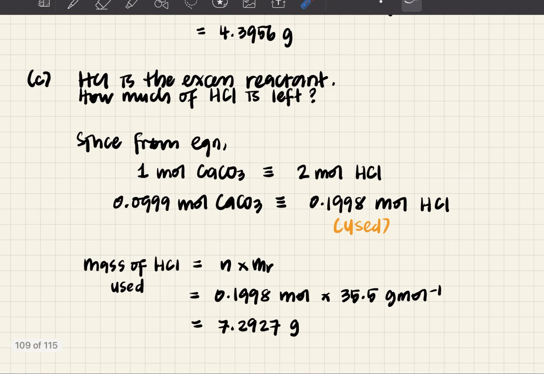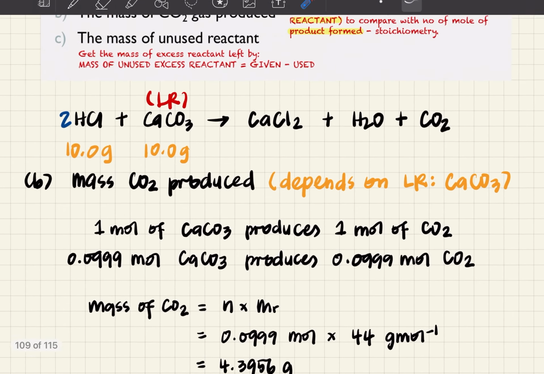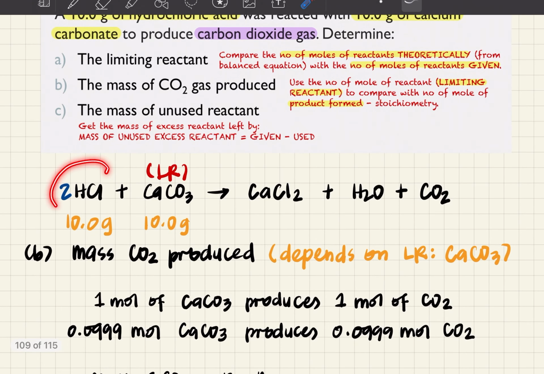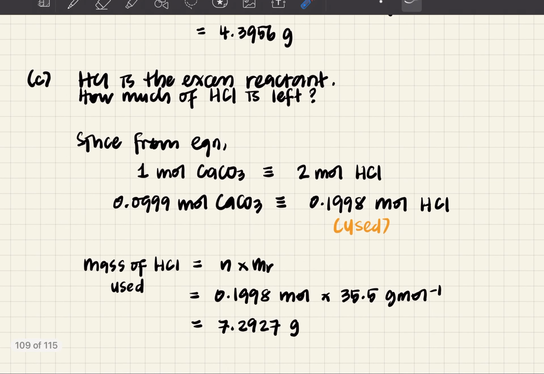Okay, so since HCl is the excess reactant, how much of HCl is left? Okay, from equation tengok, okay, kita akan tengok calcium carbonate dengan HCl punya relationship. Okay, so 2 moles of HCl will react completely with 1 mole of calcium carbonate. So since calcium carbonate ni kita punya limiting reactant, okay, HCl is our excess reactant. Okay, kita nak cari berapa banyak HCl was used.